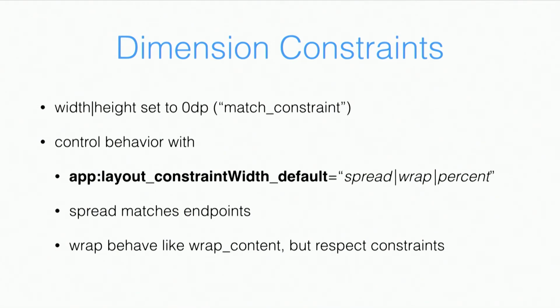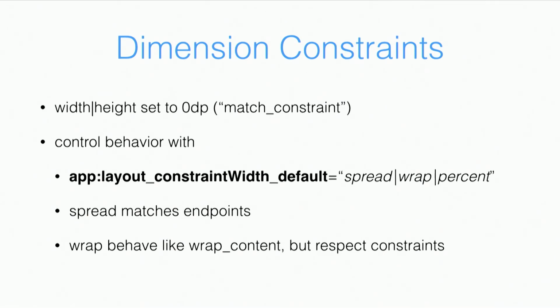One thing we have with constraint layout is this concept of 0dp. Again, this is the same way that linear layout specified a similar behavior, so that's what we use 0dp to say that. We call it internally, or in the documentation, match constraint.